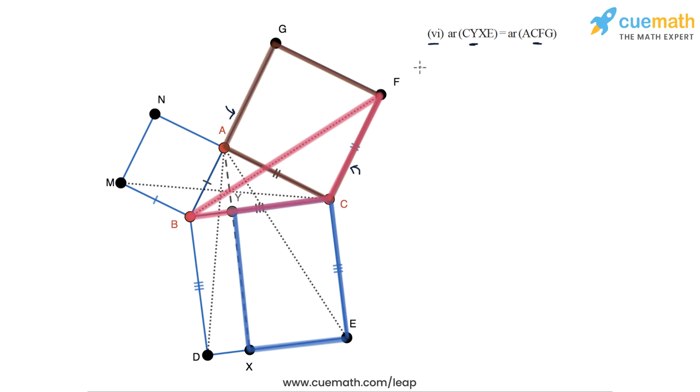So let's write this out. From the previous part, which I think was part 5, we have that the area of the rectangle CYXE is twice the area of triangle FCB. And now we will compare the area of square ACFG and triangle FCB.